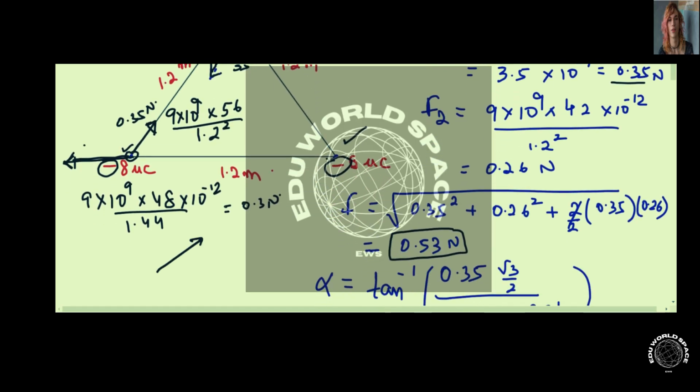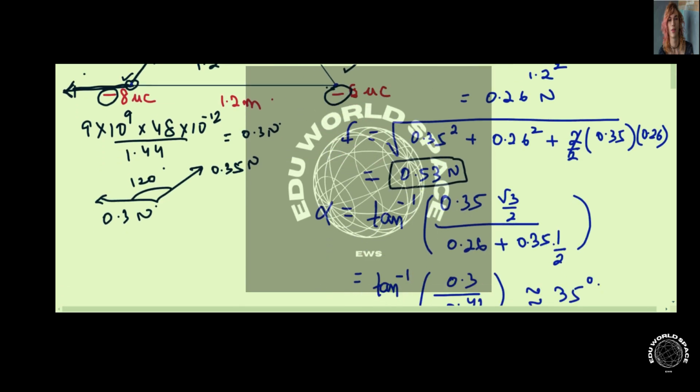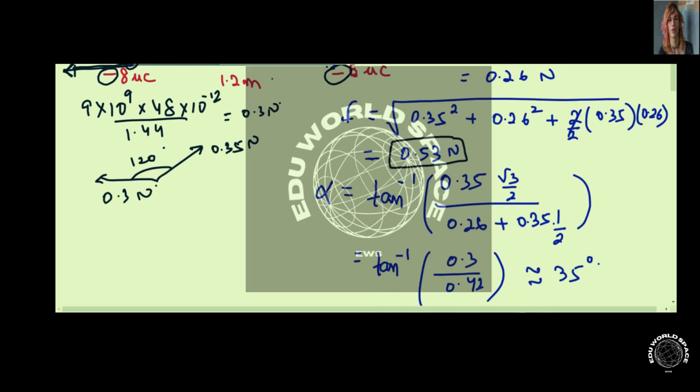So we have one force in this direction with 0.35 Newton, another force in this direction with 0.3 Newton, and the angle is 120. So now we can find out the magnitude of the force. So we'll apply the same procedure here. So it will be root of 0.3 square plus 0.35 squared plus 2 times the product of these two forces, and cos 120, that will be minus 1 by 2.